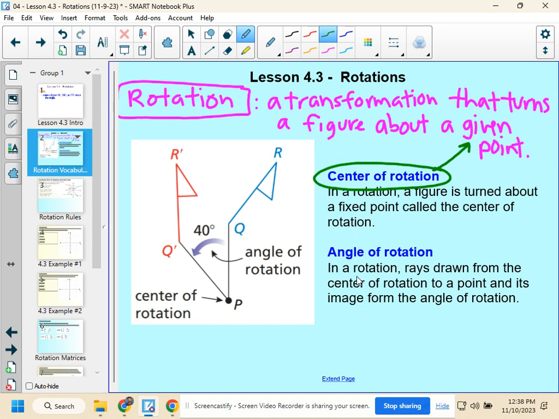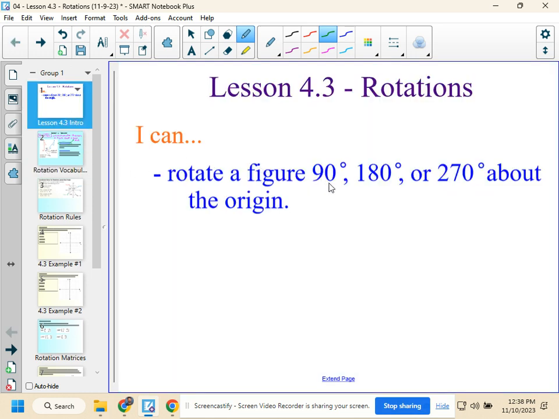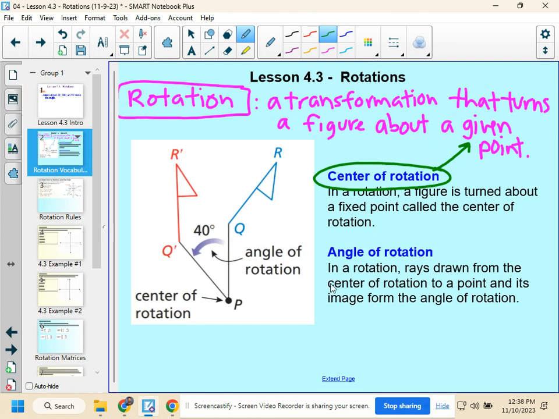If you saw on the intro, we're specifically working with 90 degree, 180 degree, and 270 degree rotations. But if you're looking for what the angle of rotation is, we start with a ray.